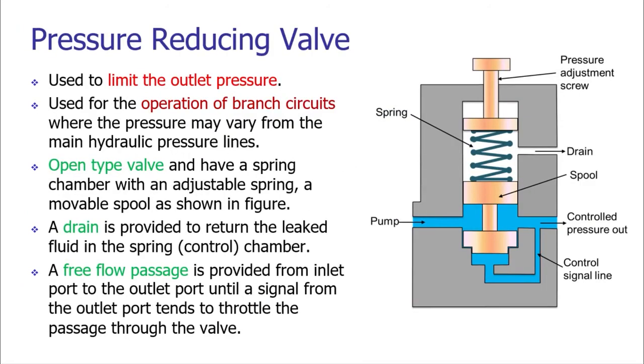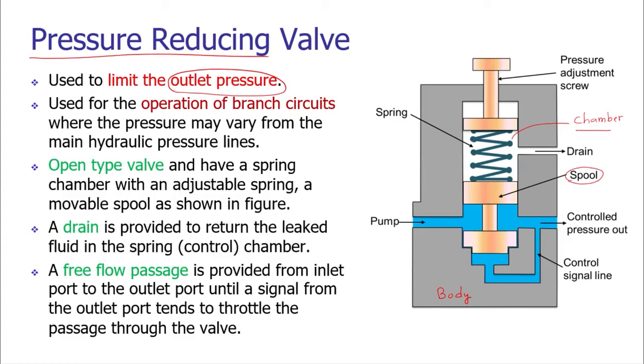The next pressure relief valve is the pressure reducing valve, and the purpose of this valve is to limit the outlet pressure inside the system. By controlling the outlet pressure, we can safeguard the hydraulic system. The typical pressure reducing valve is on your screen. It has the body, the body has a chamber, and the chamber is housing the spool.